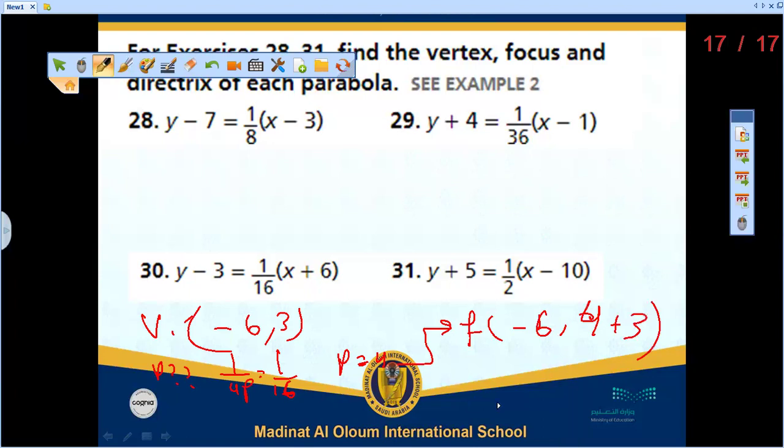To get the directrix, y equal this 3 minus 4, which means y is negative 1. And here my focus is negative 6 and 7. I'll add to y to get the focus and subtract from y to get the directrix.